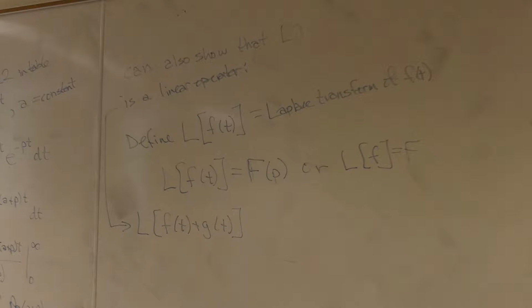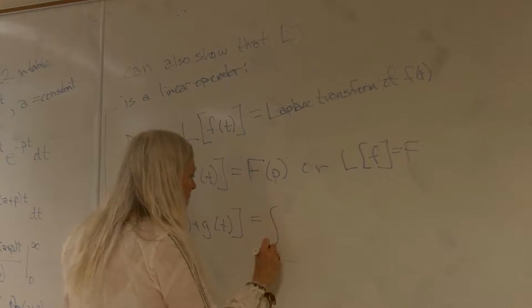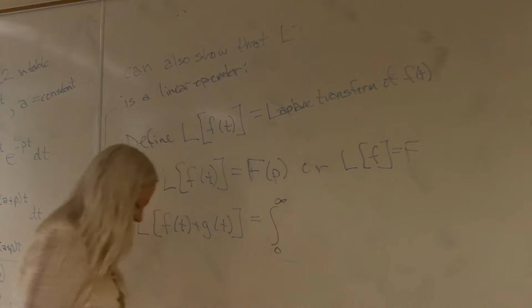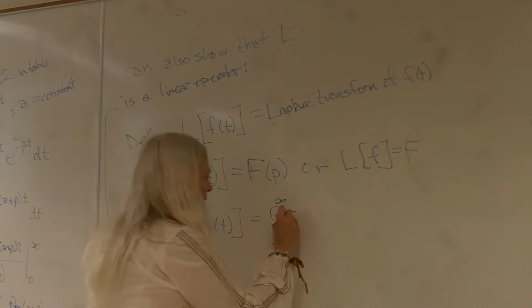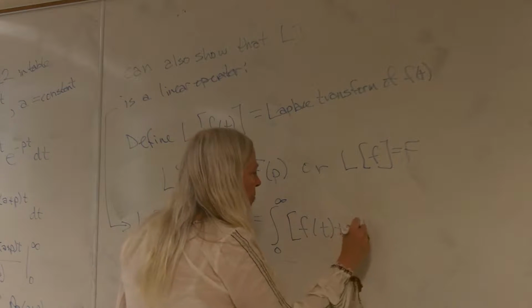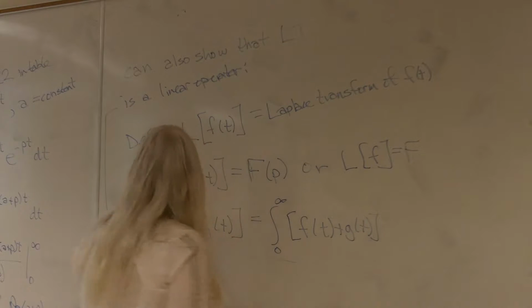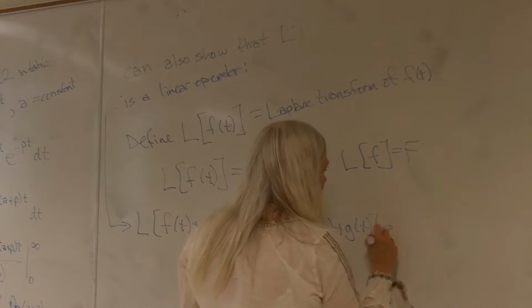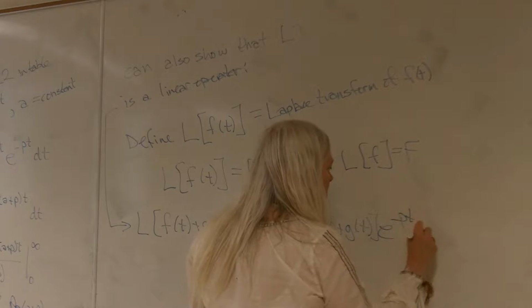Let's write out what that is, using the definition of the Laplace transform right here. So this is the integral from zero to infinity of the thing we're taking the Laplace transform of, namely f of t plus g of t, quantity times e to the minus pt dt.